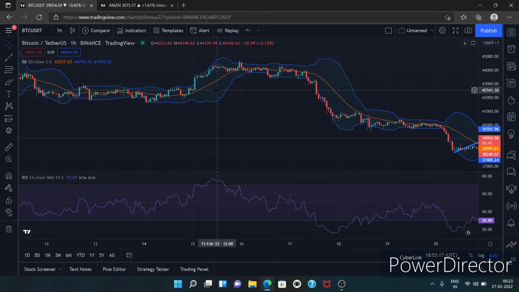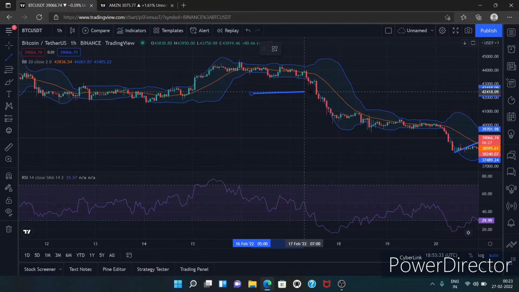If we look over here, this point over here, Bitcoin near the Bollinger Band's upper level, but it only touched it here. So this is not a signal for us.